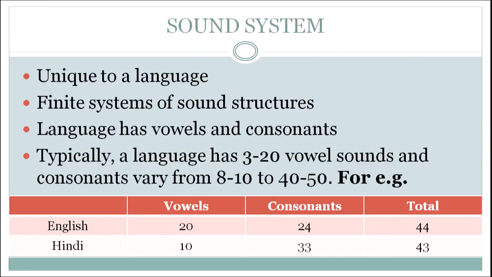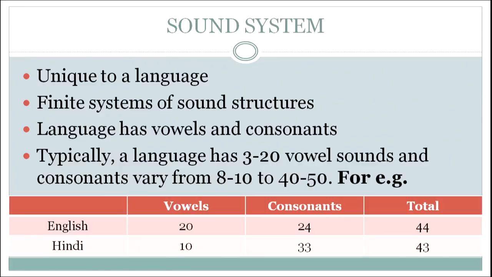That is what I meant when I said that there is a finite system of sound structure in a particular language. Next is Hindi. Hindi has 10 vowel sounds and 33 consonant sounds. This may be surprising because the Hindi alphabetical system is much larger than the English alphabetical system. However, the sounds are fewer.